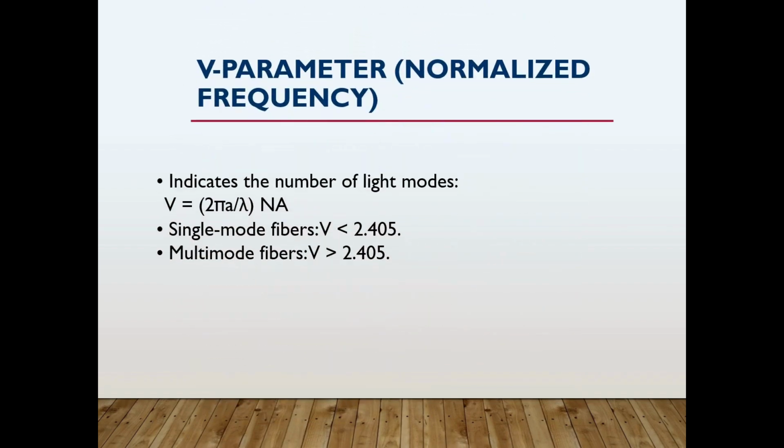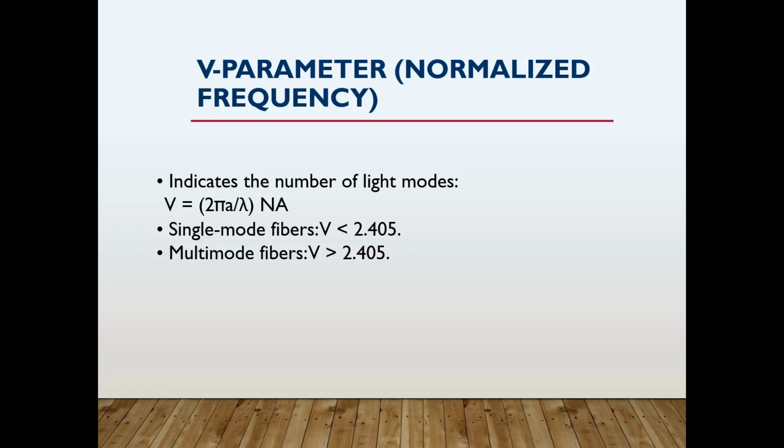The third parameter is the mode parameter, also called normalized frequency. This determines how many modes or light paths a fiber can support. It is given by the formula V equals 2 pi a divided by lambda, where lambda is the wavelength of the incident light used, and a is the core radius of the optical fiber.